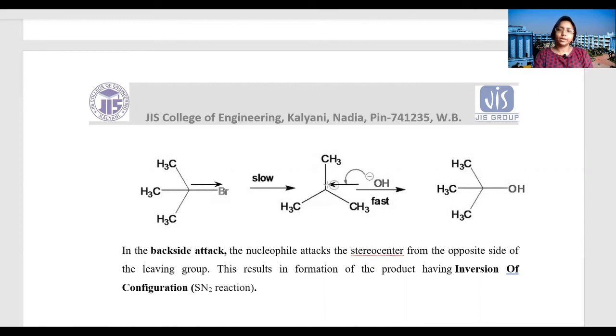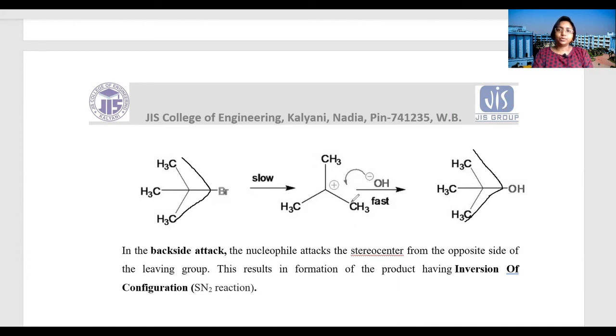So what we get is retention of the configuration. I showed you the umbrella shape before. The configuration looks like an umbrella and remains in the same direction, so the configuration remains the same. It is called retention of the configuration. So this is our umbrella.